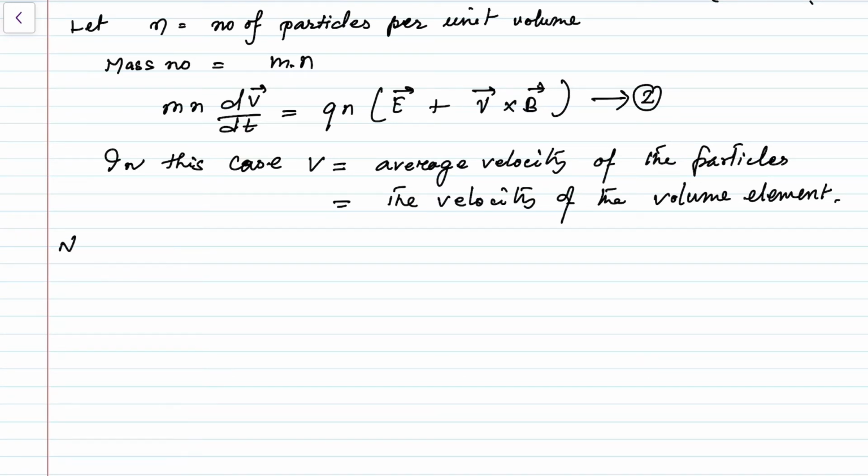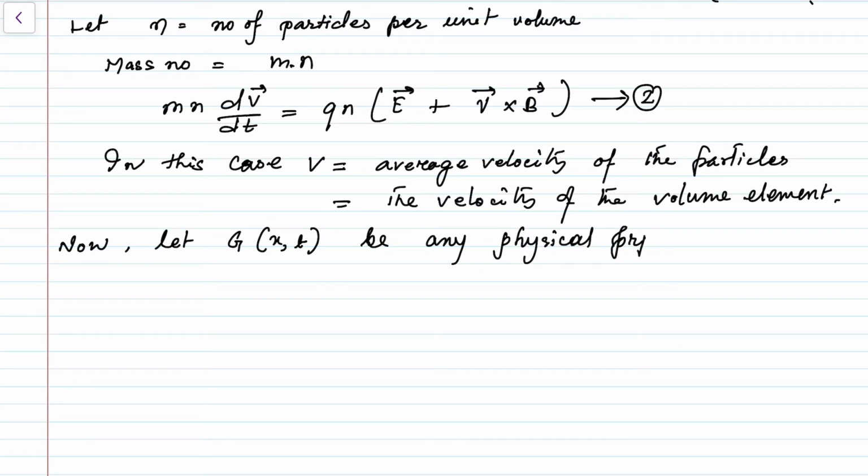Now let us consider z(x, t), where x is the position and t is the time, to be any physical property of the fluid plasma in the x direction.